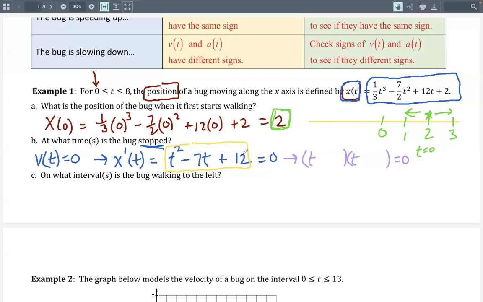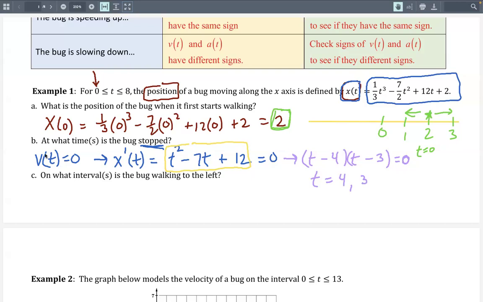We need what times what is 12 and adds to -7. That's 4 and 3, both of which are negative. Then you solve to get 0 out. t could be either +4 or +3. Those are the two times at which the bug is stopped or not moving, a velocity of 0.